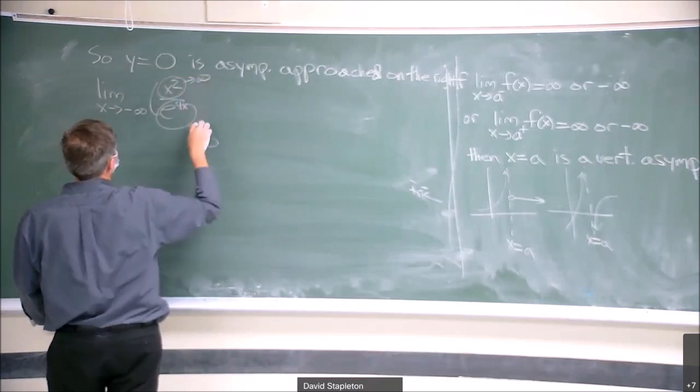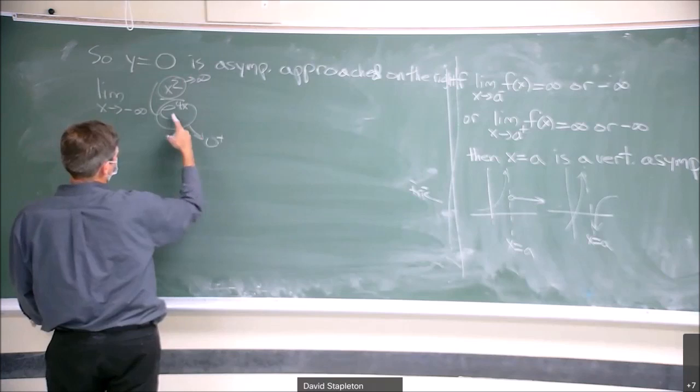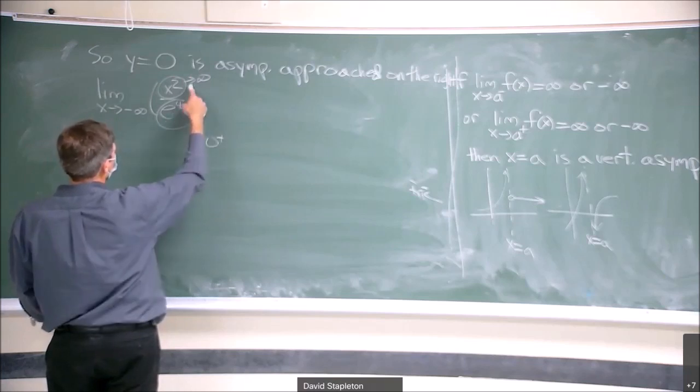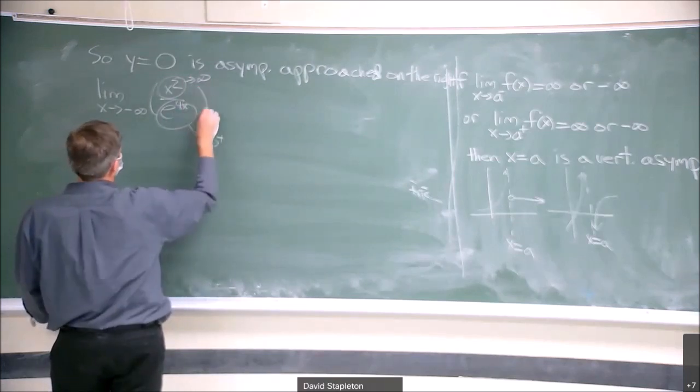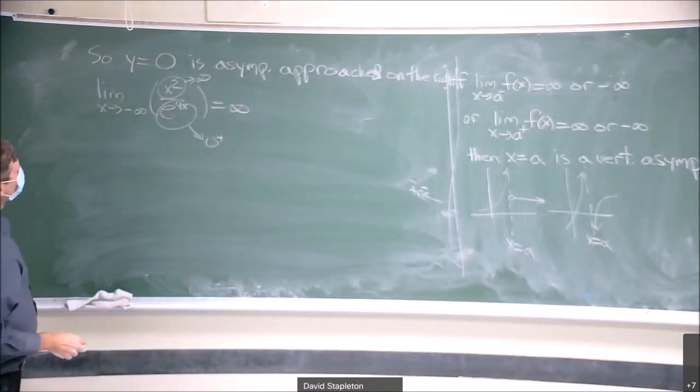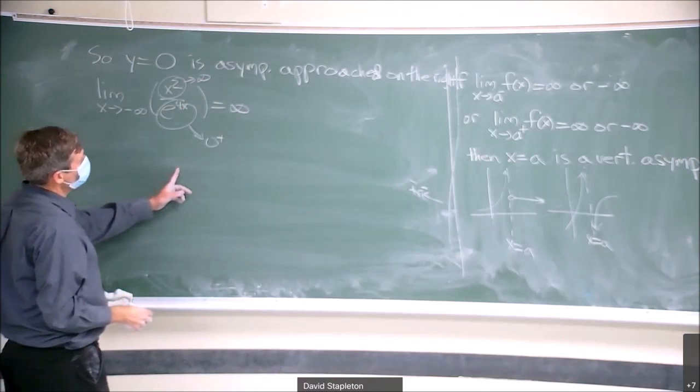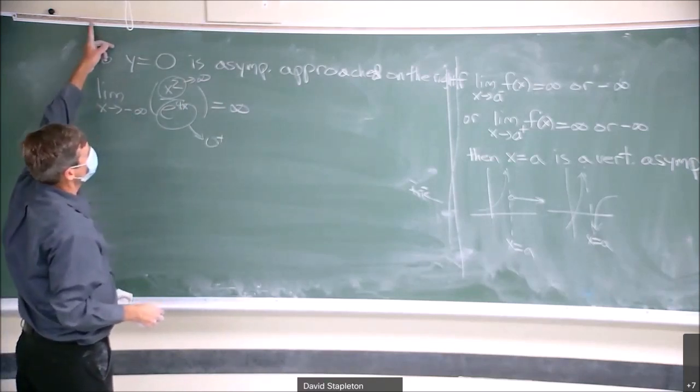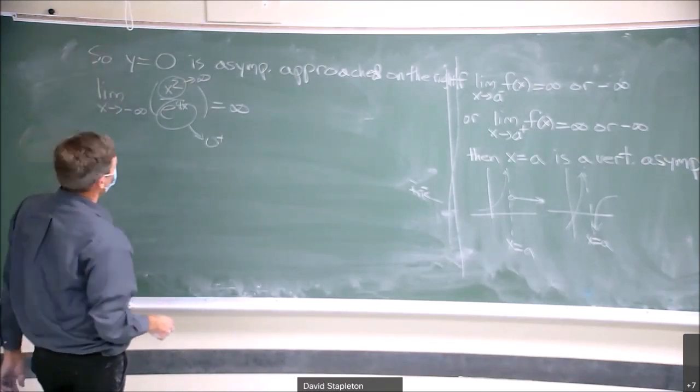If you get infinity over 0, because these are all positive numbers, infinity over smaller numbers has limit infinity. So on the left, it's going to go up to plus infinity. And on the right, we're going to dive towards y equals 0.